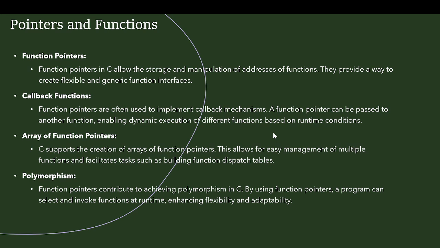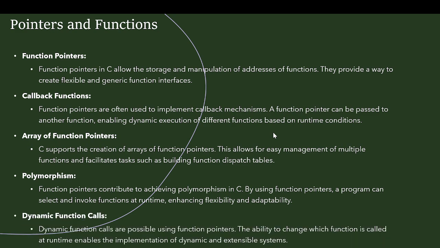Function pointers also help in achieving polymorphism in C. A program can select and invoke functions at runtime, enhancing flexibility and adaptability. Finally, dynamic function calls are possible using function pointers. The ability to change which function is called during runtime enables dynamic and extensible systems.